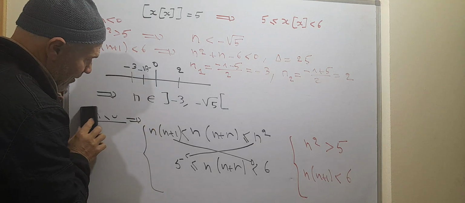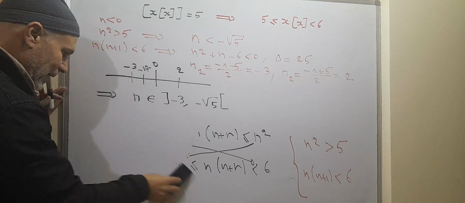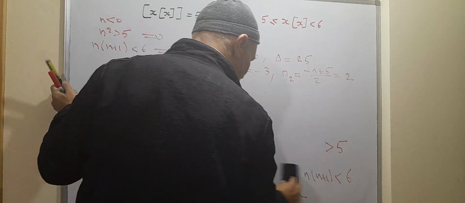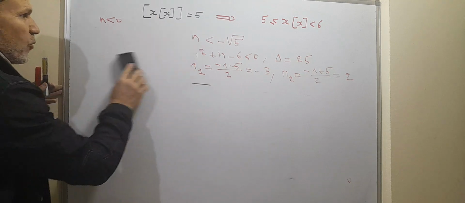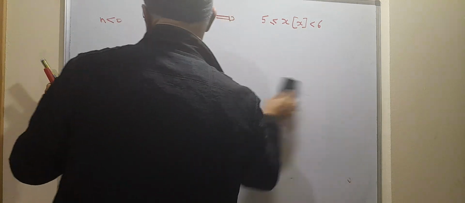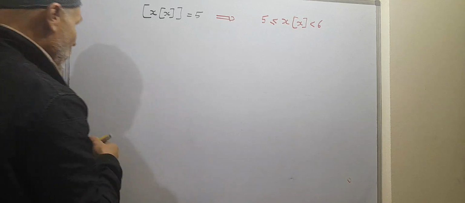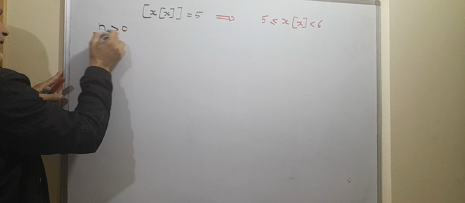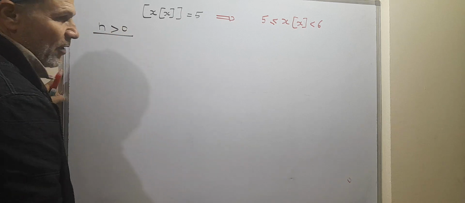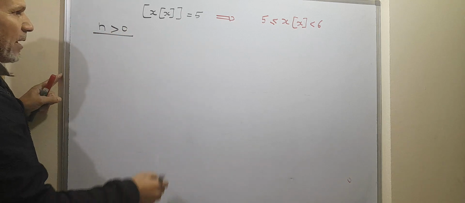The second case is when the integer part is positive. We will discuss in the same way. Suppose that n is strictly greater than 0.